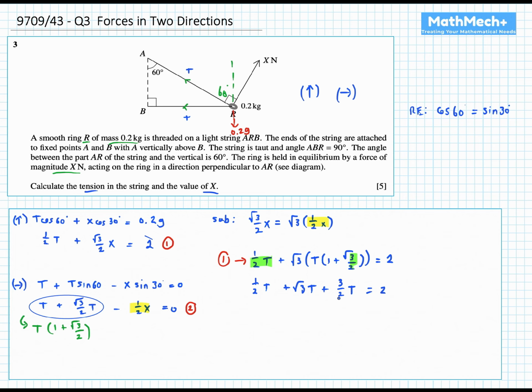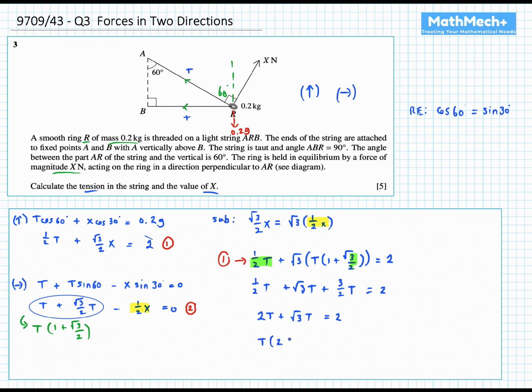Yeah, that first and third term will of course equal 2. Half plus 1.5. So we end up with 2 plus root 3, and of course you can factor that with the T. I'll do that in the next part here, just to simplify it down.